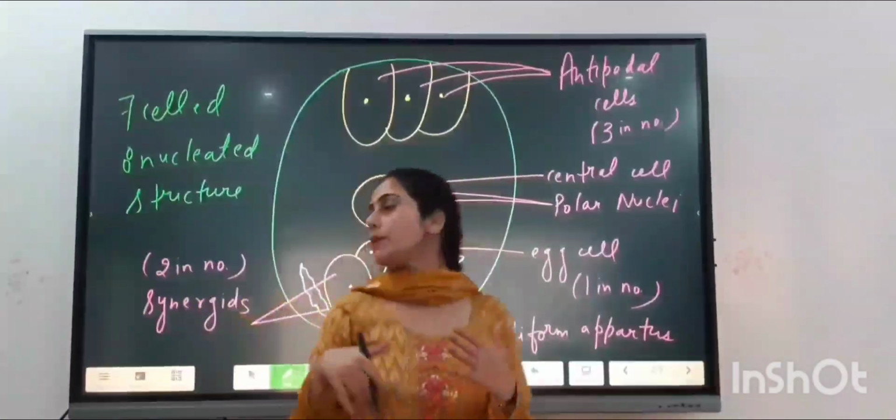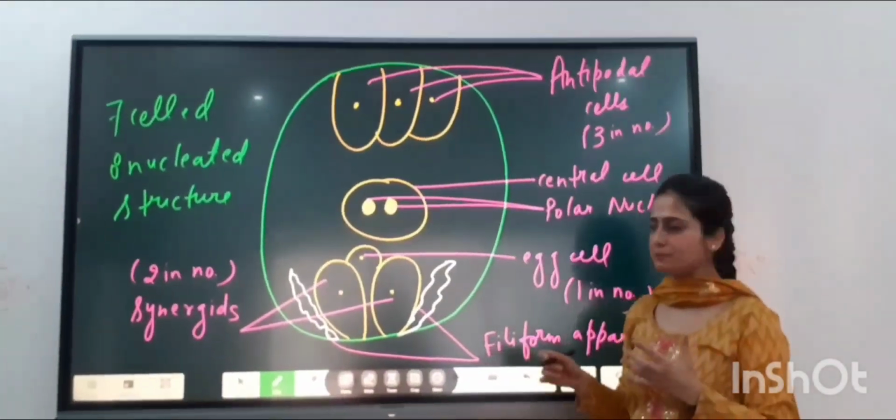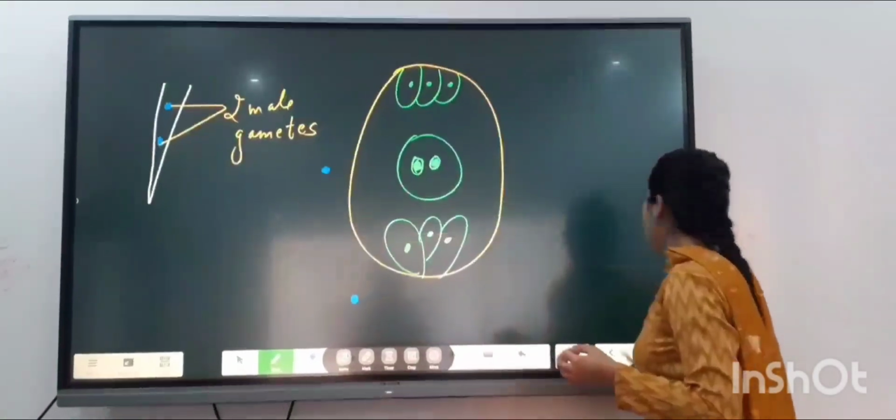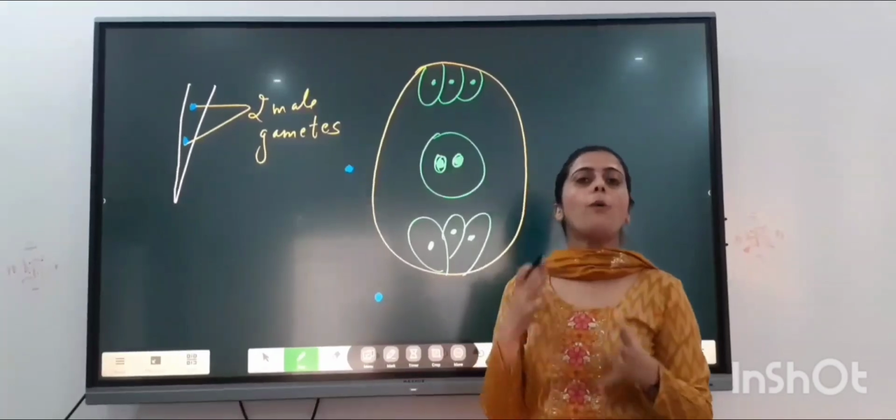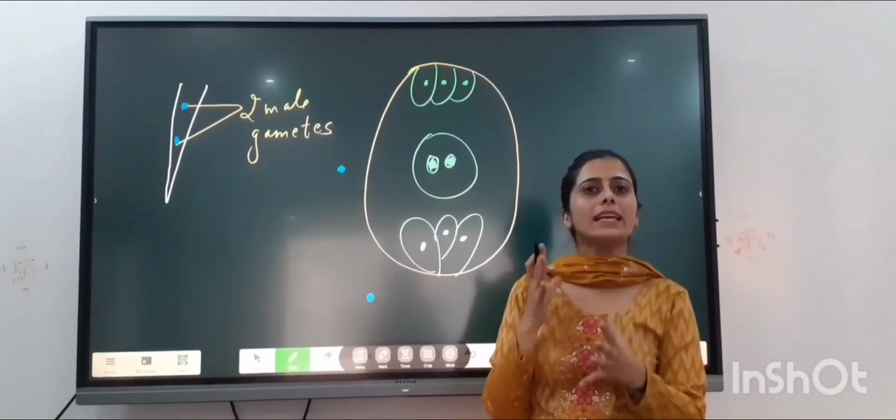Now let's come to the double fertilization. As we all know, the male gametes are 2 in number. The pollen tube has 2 male gametes.